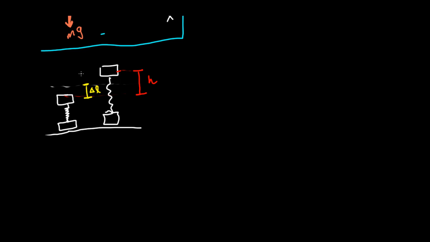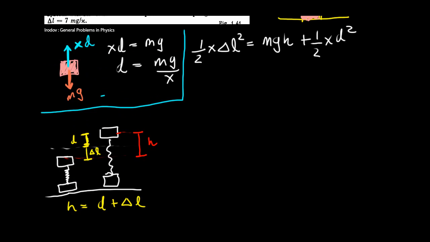And this distance right here is d. I assume that is the extension in the spring in the final state. So you can see geometrically that h should be equal to d plus delta L, right? So that is going to help us.